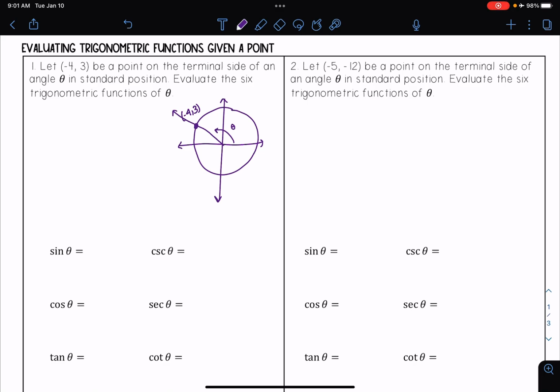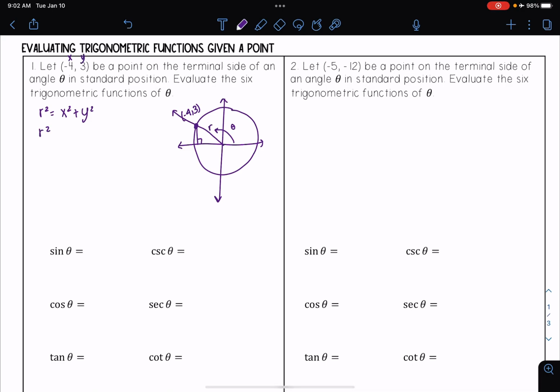And I'm going to create a right triangle from this. And so that means that my hypotenuse or my radius here is r. To figure out what r is, I know that x squared plus y squared is equal to r squared. Well, my x here is negative 4, and my y is 3.